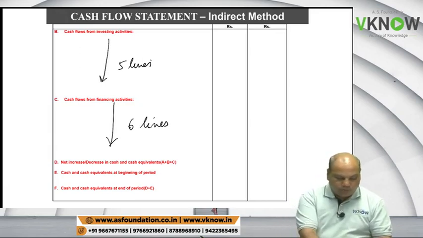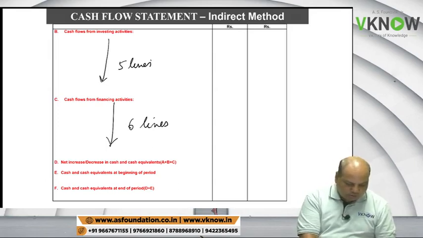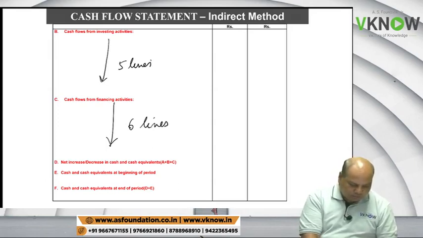Point number D, net increase or decrease in cash and cash equivalent.